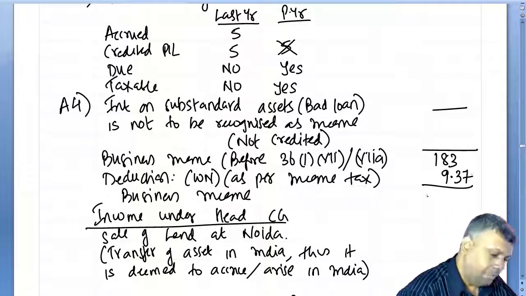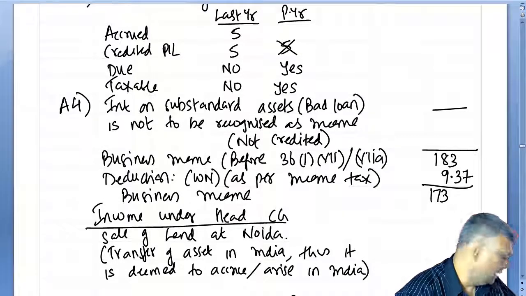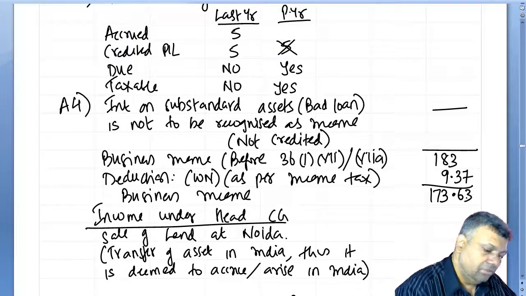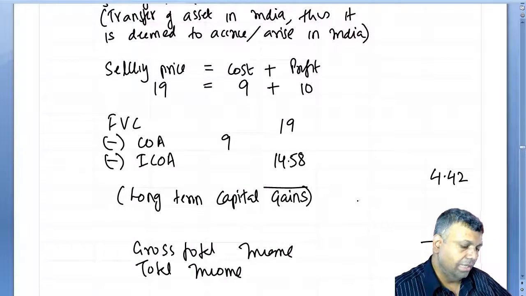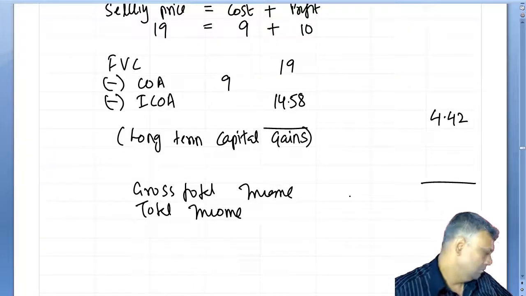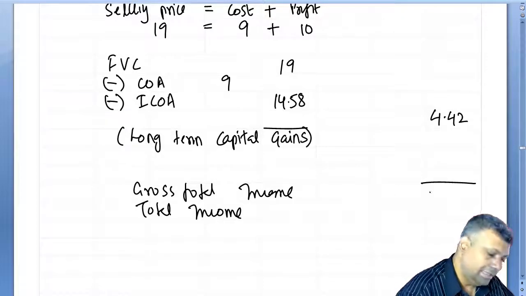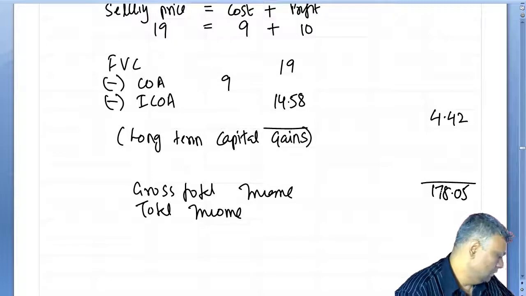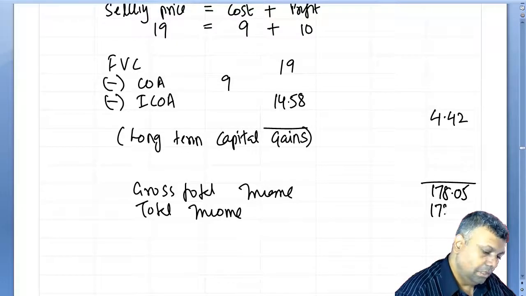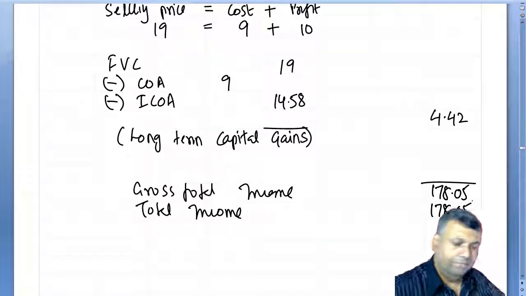So, take the balancing figure 173.63 plus your capital gains, so you will get a gross total income. Use your calculator, that is 178.05. Total income is 178.05.